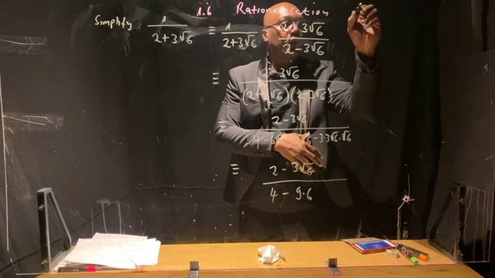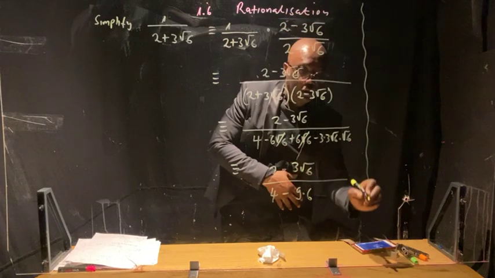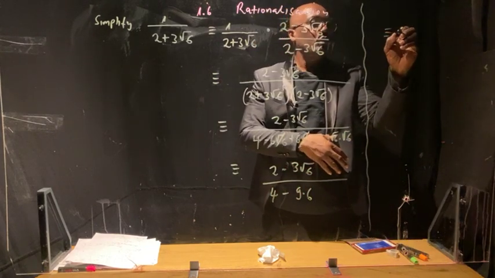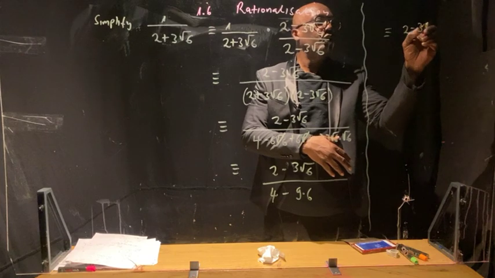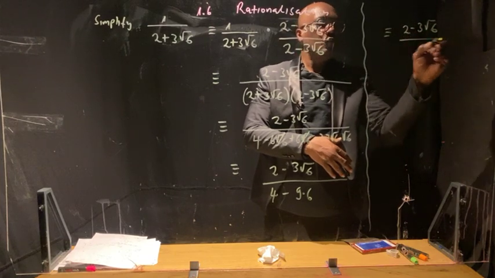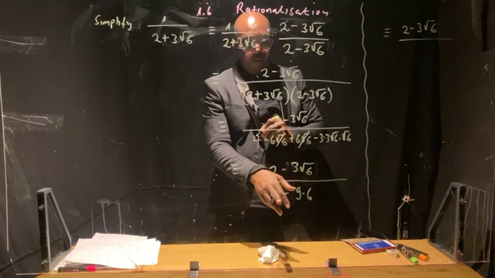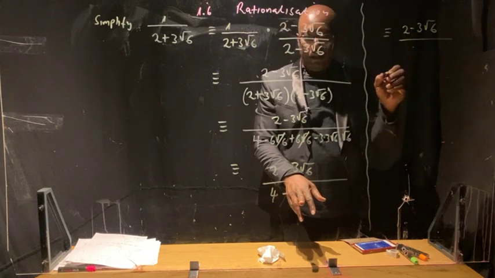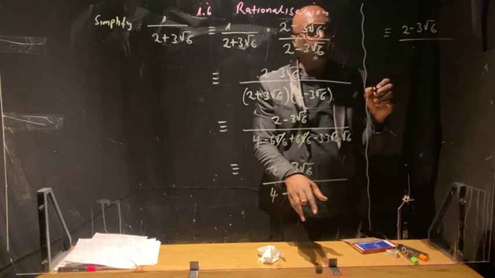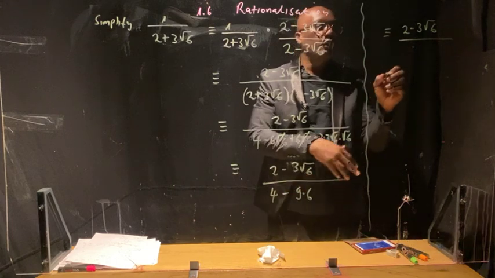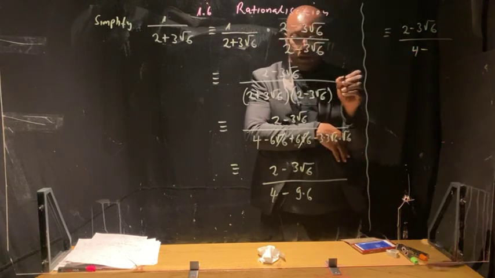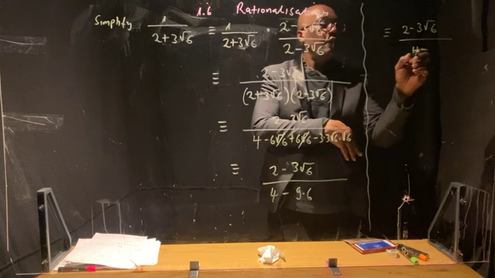So if we continue on this side, it becomes 2 minus 3 root 6 over 4 minus 36. Sorry, minus 54. 9 times 6, yeah, it's 54. 4 minus 54.